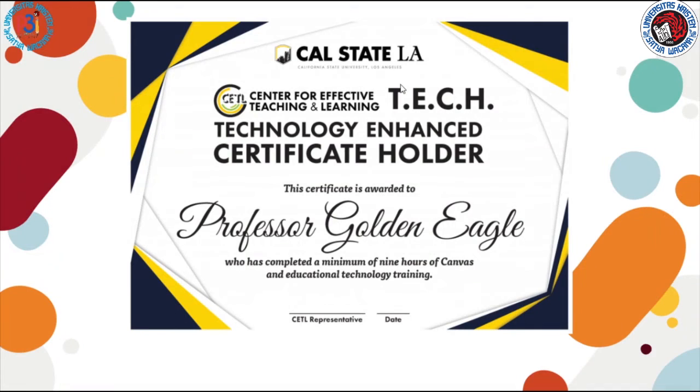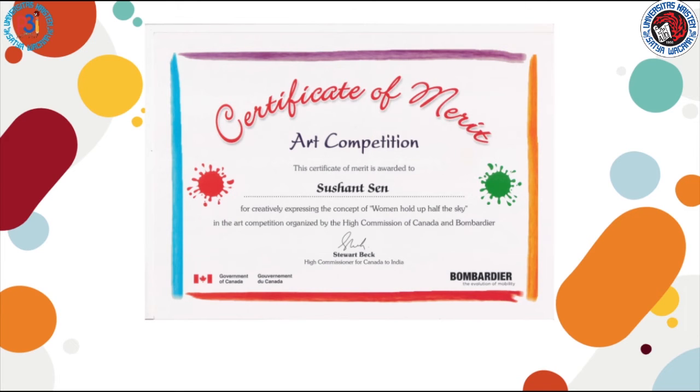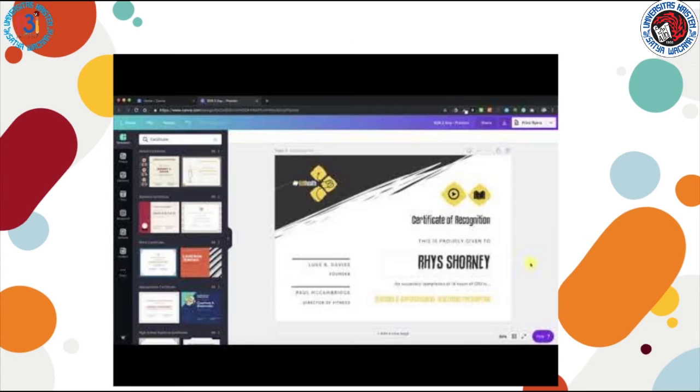And then here we have a technology certificate. Here is an art and design certificate. And the last one is also an art and design certificate. So the purpose usually depends on the kind of certificate.